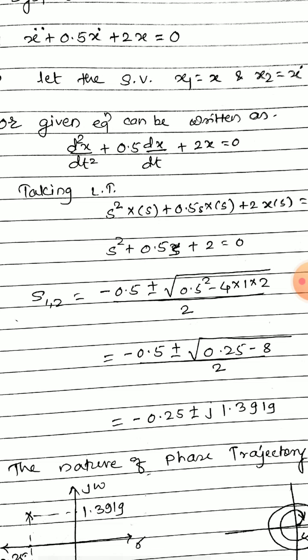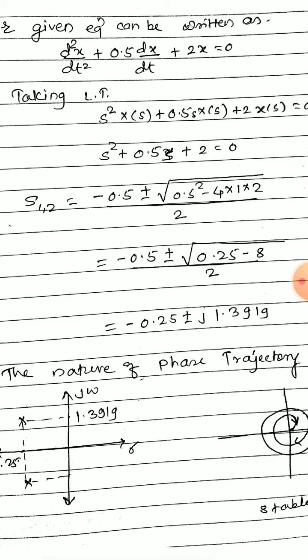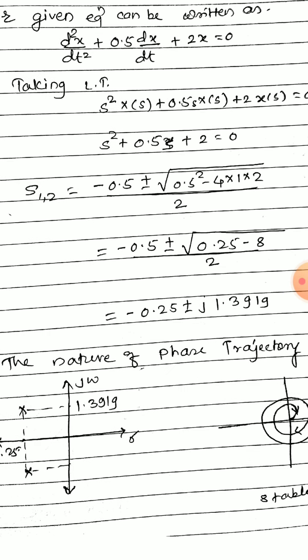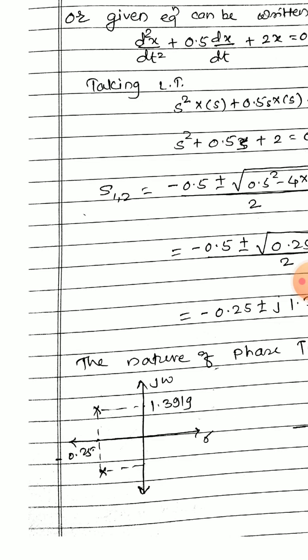Find the roots. Two roots will be there: minus b plus or minus under root of b square minus 4ac divided by 2a. By solving this we get the two poles or eigenvalues, minus 0.25 plus or minus j 1.39. Now we have to plot these poles in the s plane.